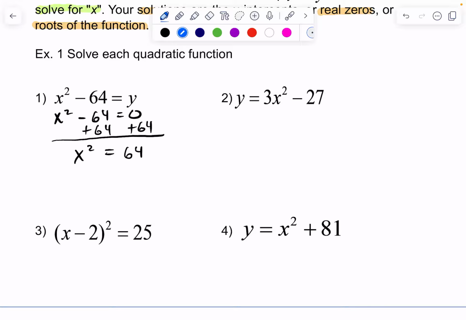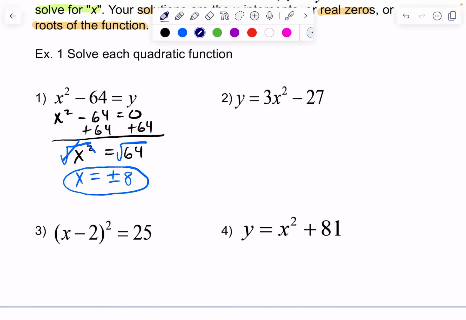Please remember that you can square root a value that is being squared in order to eliminate that power of 2. So x will now equal plus or minus 8.